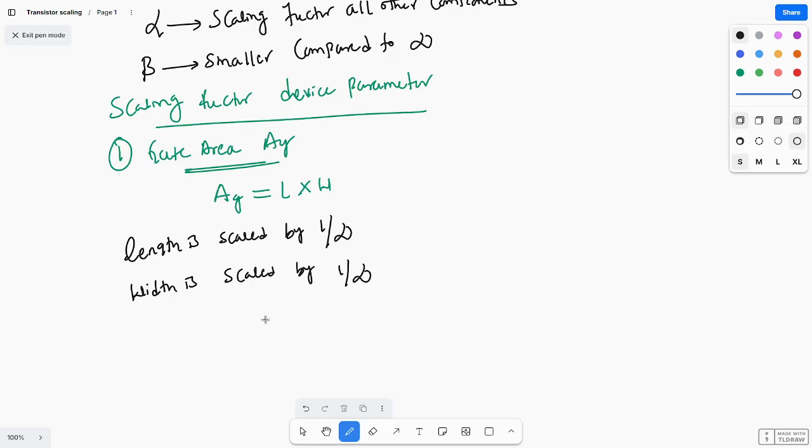From this I can say the gate area is scaled by L by alpha into W by alpha. So this is L into W by alpha square, which is nothing but AG by alpha square.